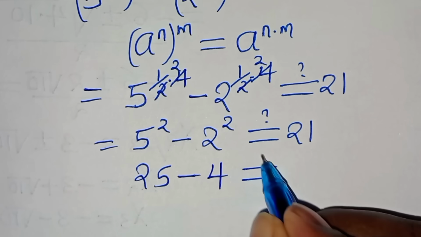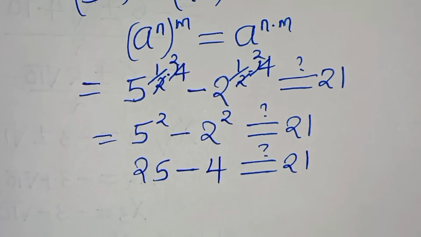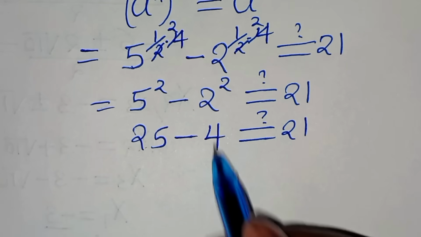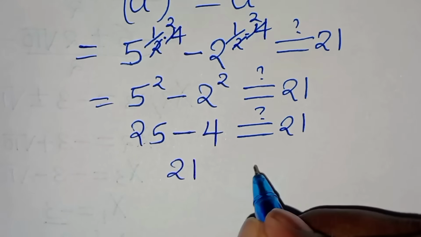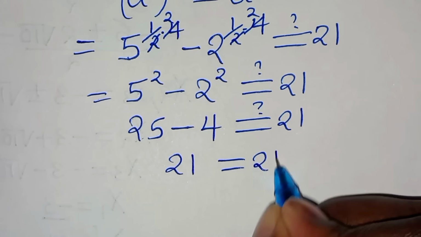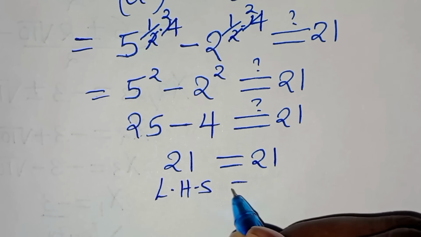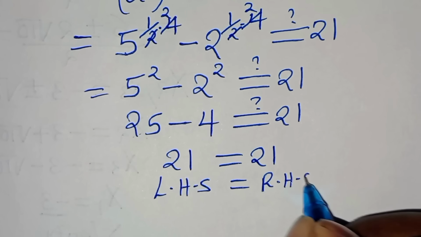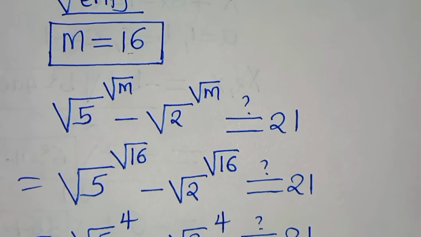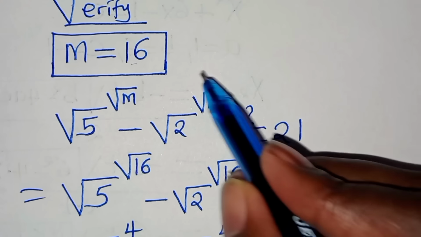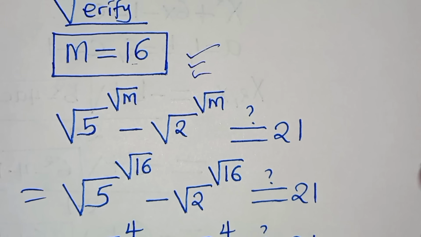So 25 minus 4 is 21, which is equal to 21. So the left hand side is equal to the right hand side, and this affirms that the value of m, which is equal to 16, satisfies the equation.